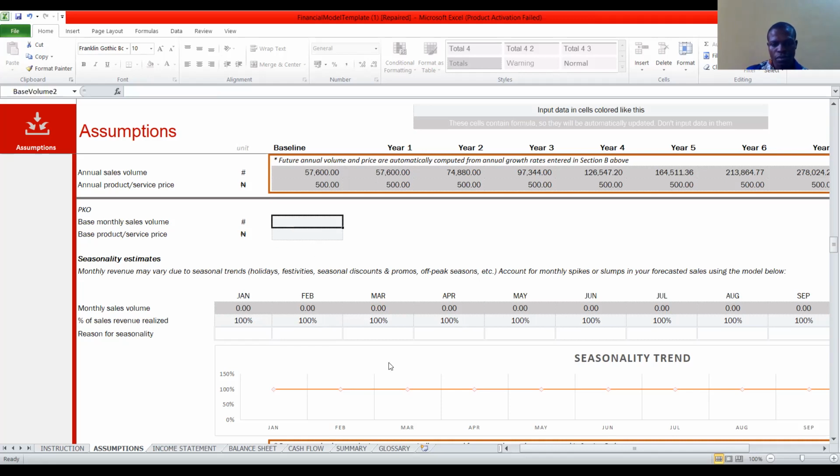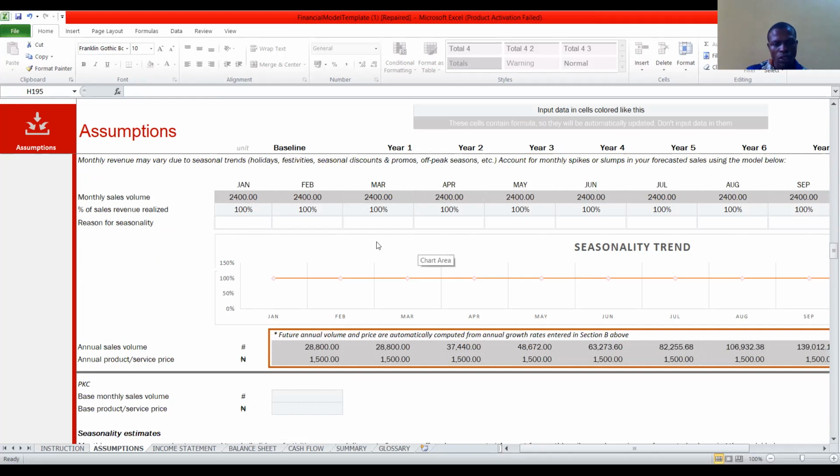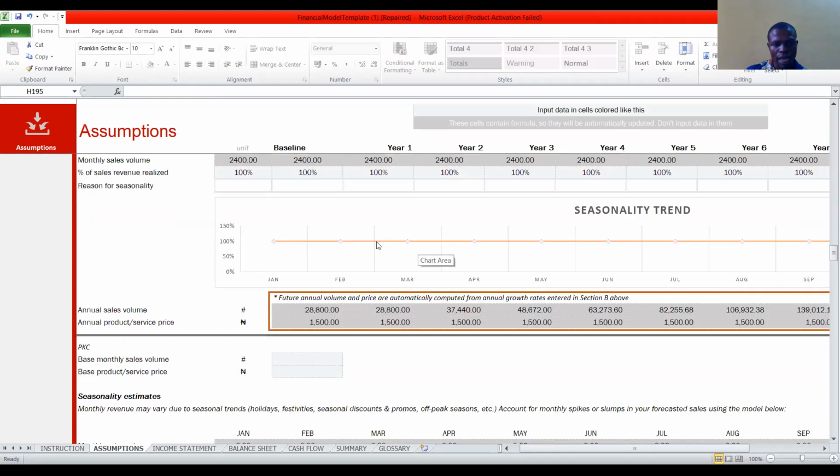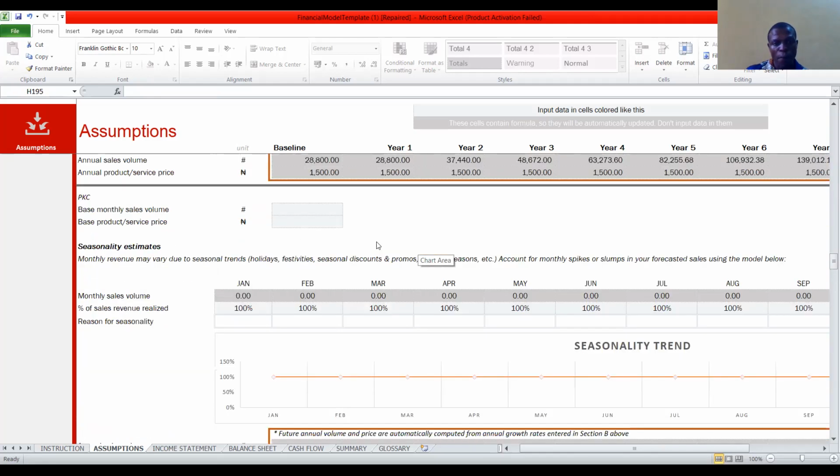Okay, and it's also getting 100% per month. Okay, you are making progress.